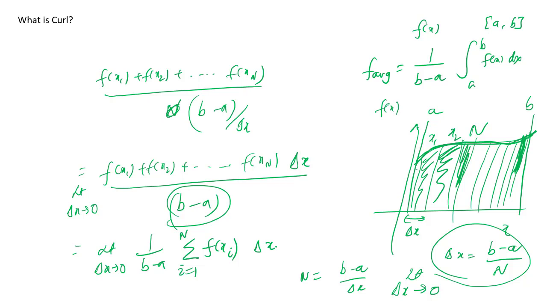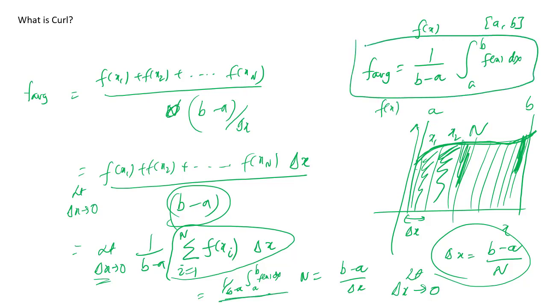As you can see, in the limit delta x tends to 0, this is nothing but the integral. So that's 1 over b minus a, integral a to b f of x dx. We started with the average value, and we have shown that the average value of a function is 1 over b minus a, integral of f of x dx.